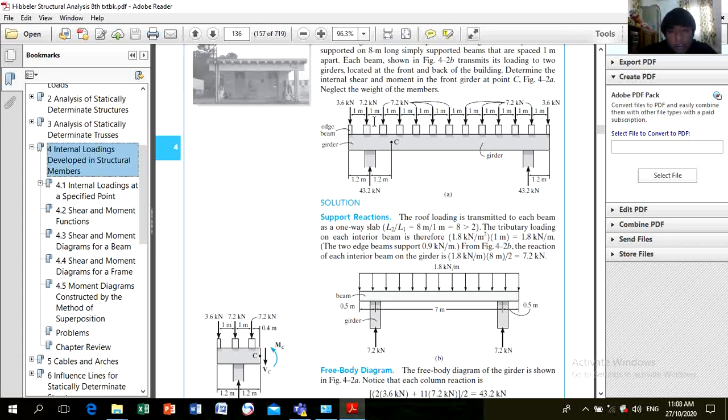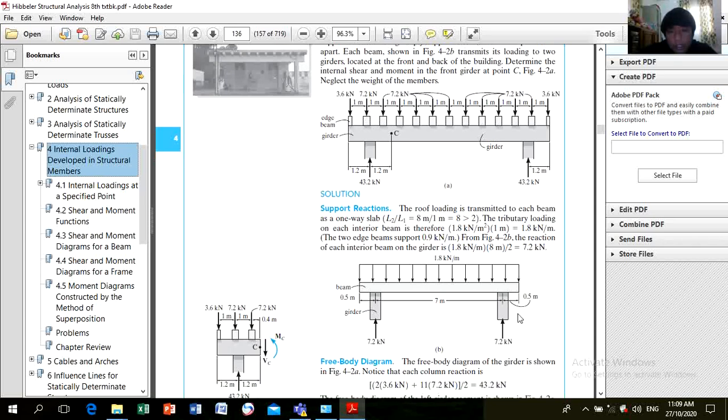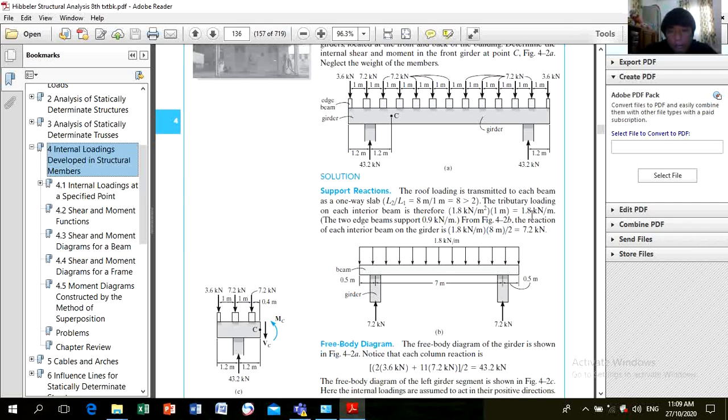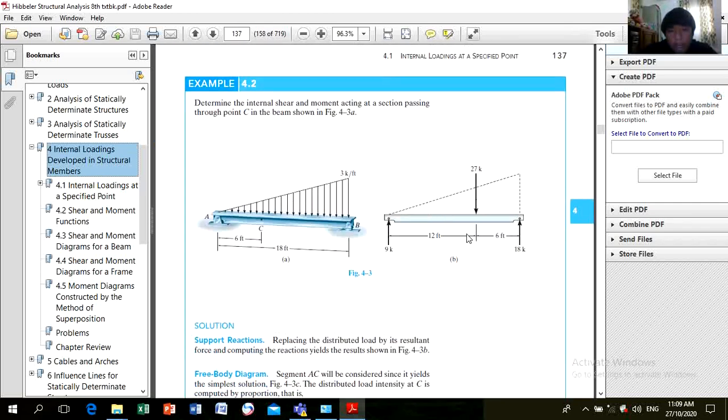How much is it? 1 meter, right? And the longer length is 8. So L2, which is 8, and L1, which is 1, it becomes one-way tributary loading. To determine the load that will act on this beam, it will be 1.8 kilonewtons per meter squared times 1, to become 1.8 kilonewtons per meter.